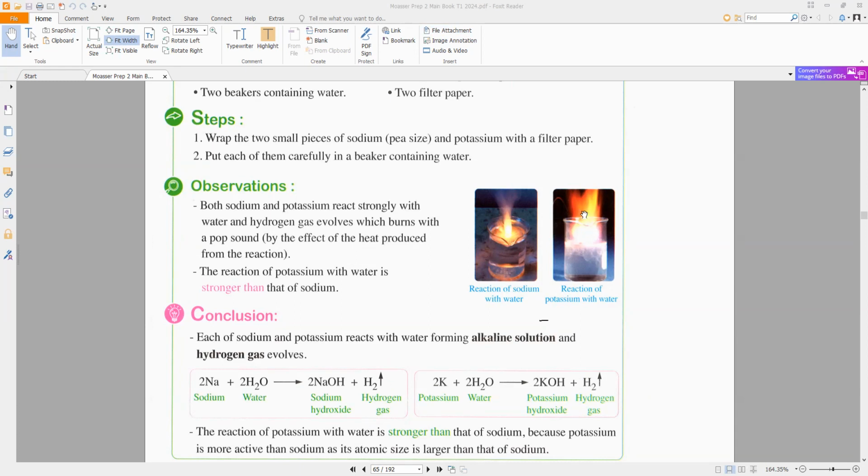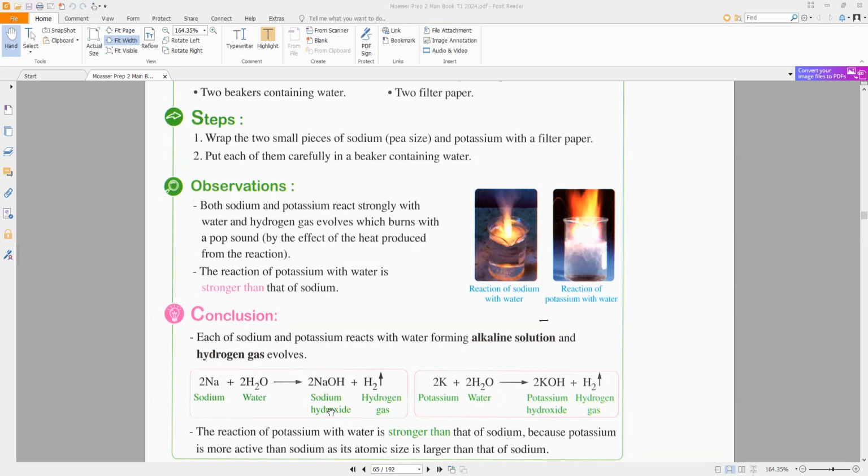So why does this reaction make a pop sound? Because the hydrogen gas that is evolved is responsible for the pop sound. And an alkaline solution is formed, so we call it alkali metal. So why do we call this group alkali metals? Because when it reacts with water, it forms an alkaline solution.